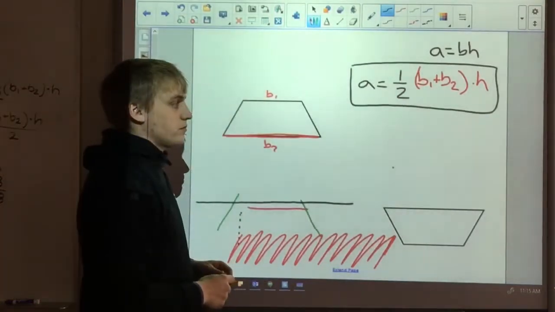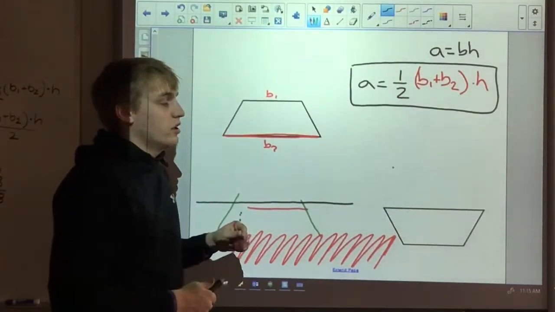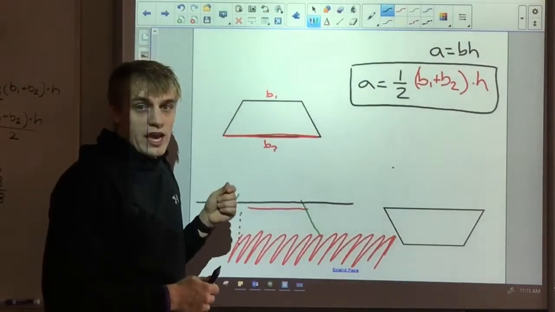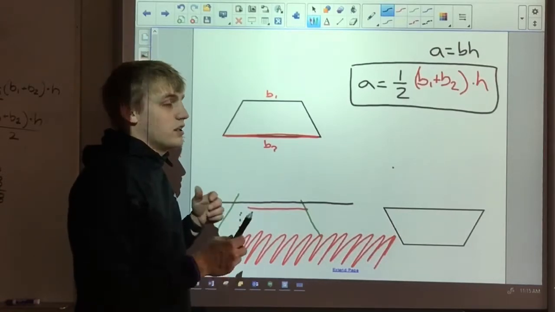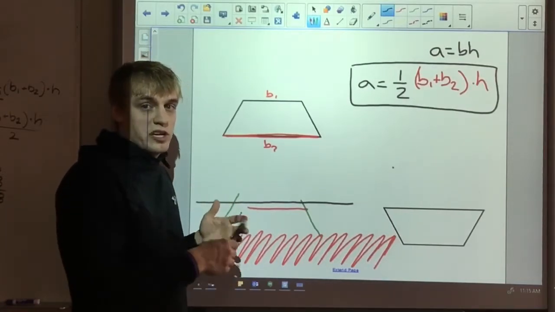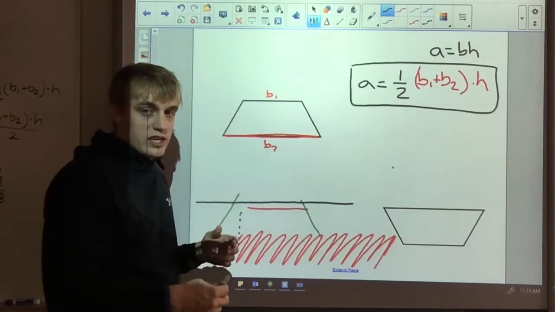Okay? Another way to write this, just like a triangle, so in a triangle, our formula was 1/2 base times height. And the second way to write that was base times height divided by 2, because multiplying by 1/2 and dividing by 2 are the exact same thing.